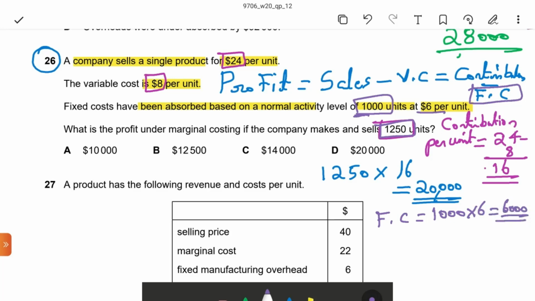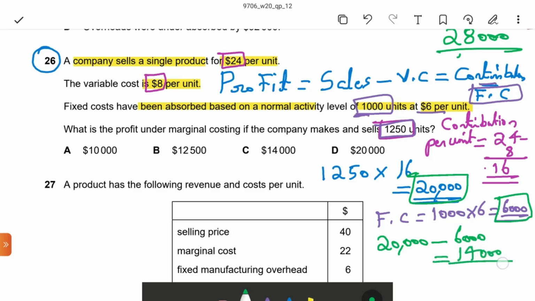So contribution minus fixed cost is the profit: 20,000 minus 6,000 is equal to 14,000 as the profit per marginal costing for 1250 units. Option C is the correct answer.